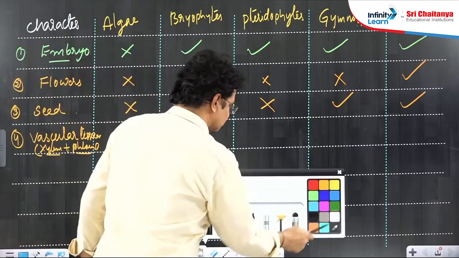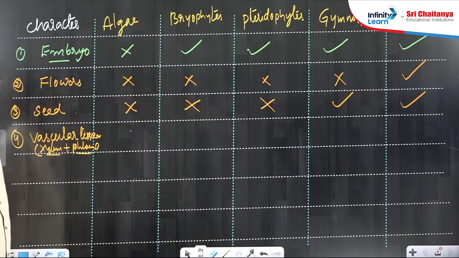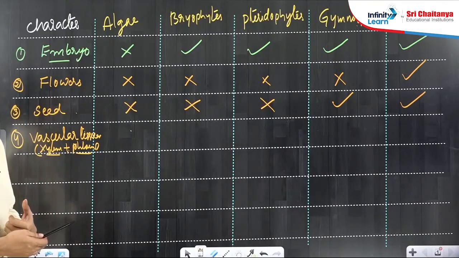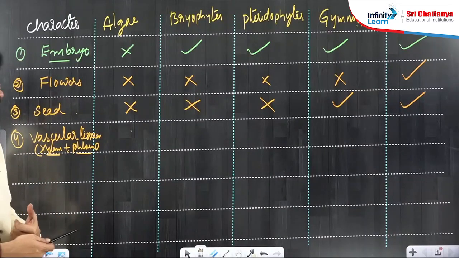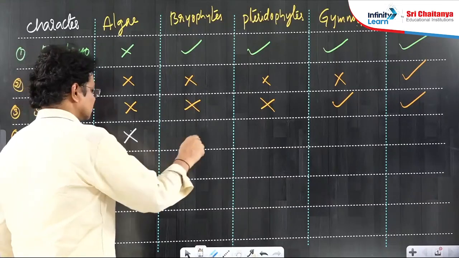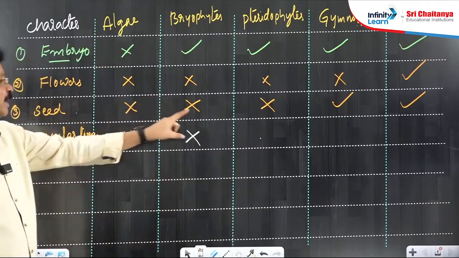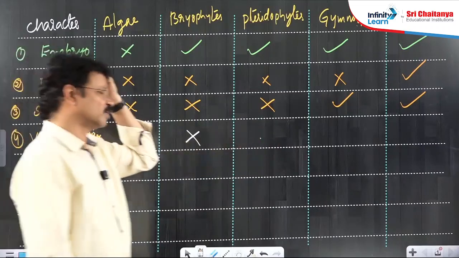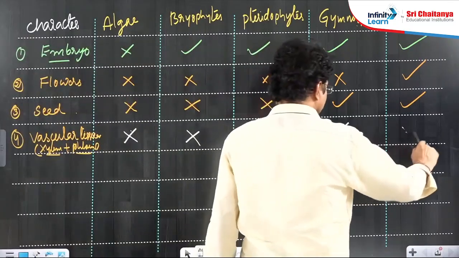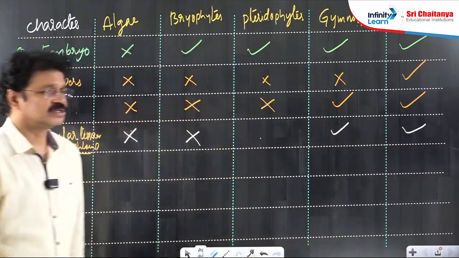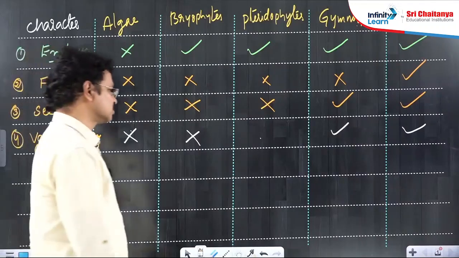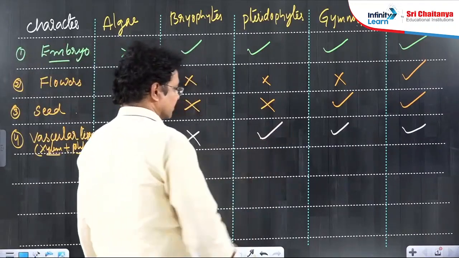First of all, tell me, which plant groups possess vascular tissues? Absent in algae, bryophyta, good. What about the pteridophytes? Are vascular tissues present or absent in pteridophytes? In gymno and angio, vascular tissues are present, no doubt. But what about pteridophytes? Yes, in pteridophytes also, vascular tissues are there.